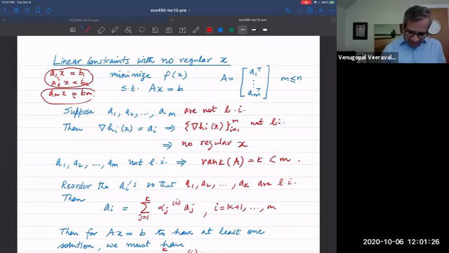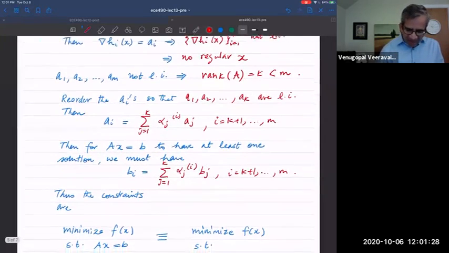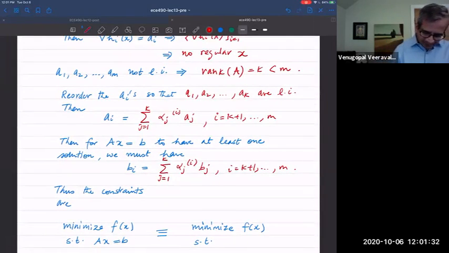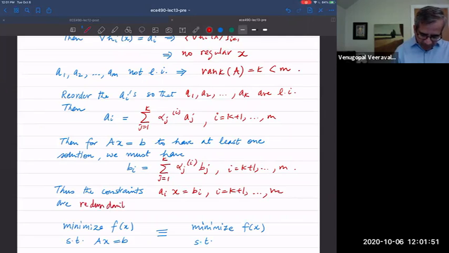So the last m minus k constraints are redundant, because the same information is contained in the first k constraints. And you can discard them.